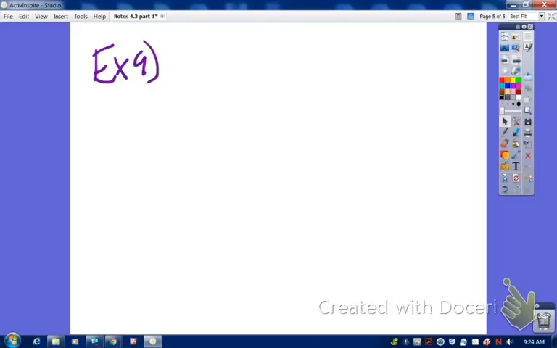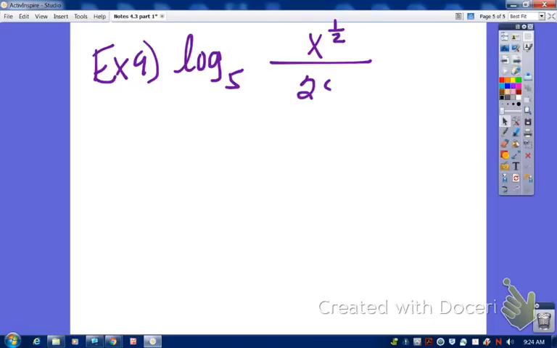First thing that I would do in example 9 is rewrite the square root of x using a power. What power can we raise x to that represents the square root of x? X to the 1/2. So I'm just going to go ahead and put that. Radicals and logs do not get along, so change all your radicals to exponents.